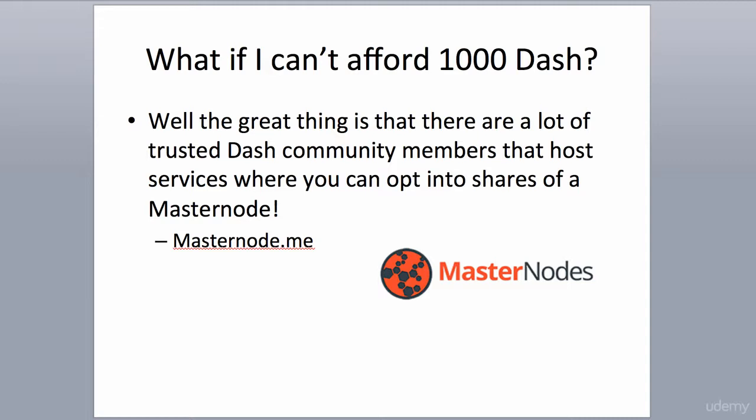I wanted to talk about masternode.me. This is a service that is actually run by one of the Dash core team developers. They are available in the Dash Nation Slack to ask any questions about their service if you have any. But today, let's take a quick peek at their website.